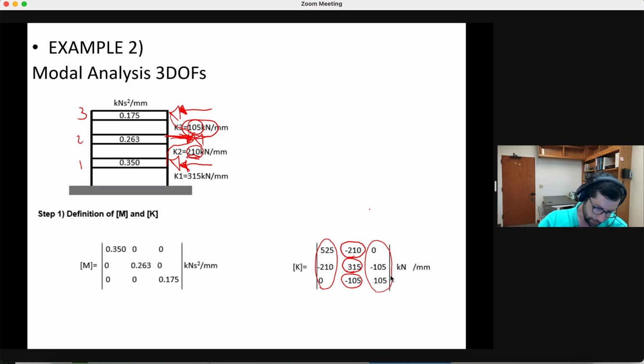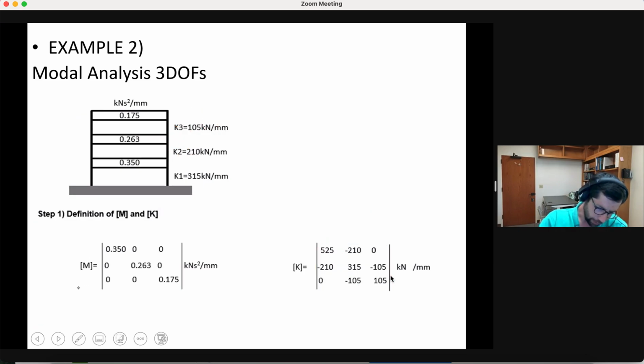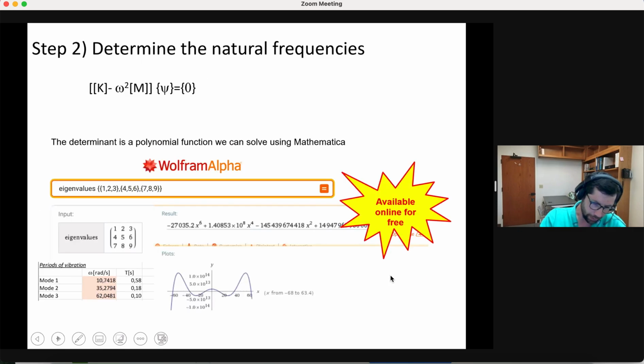To verify that this matrix is correct, you need to know that the elements along the diagonal are positive, and also that there is symmetry in this matrix, okay? So this is how the stiffness matrix is obtained. Now, what I need to do is obtain the frequencies of vibration of the system. How do I obtain them? I need to write that the determinant of this matrix is equal to 0.